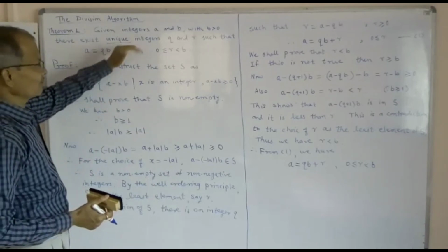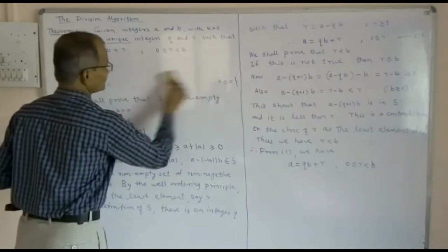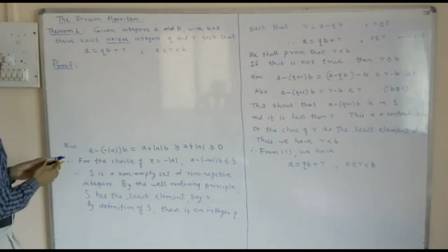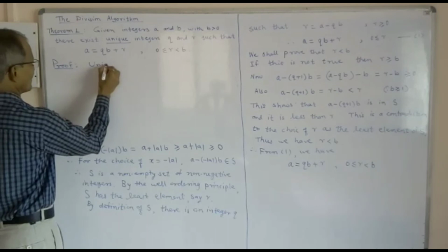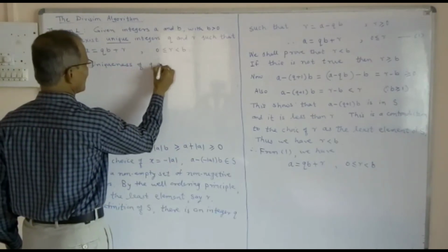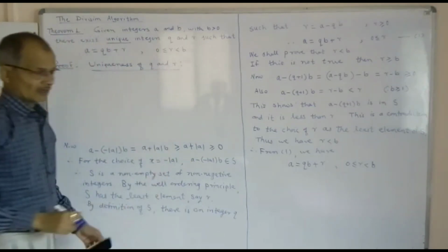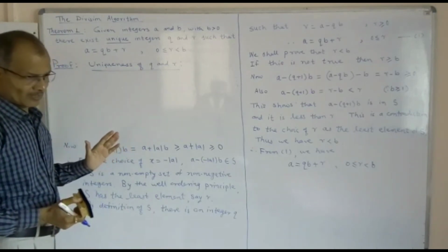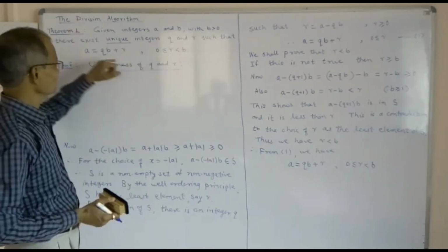So we shall prove the uniqueness of Q and R. For this purpose, unique means only one integer. Now we will assume there are two. Suppose there is another pair, Q dash and R dash, satisfying the same condition.